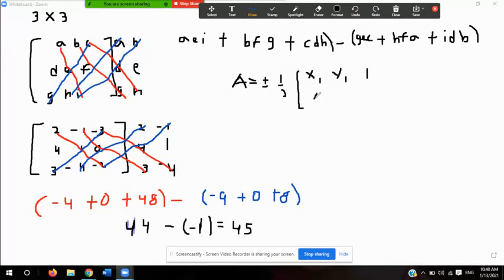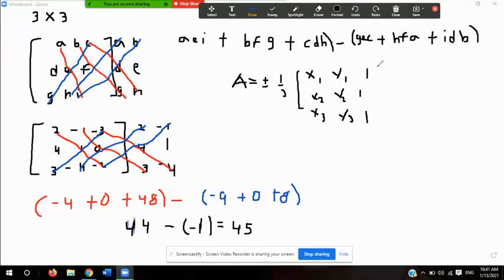And then we have x sub 2, y sub 2, and that would also have a 1. And then finally, x sub 3 and y sub 3. And of course, 1, which is the constant.